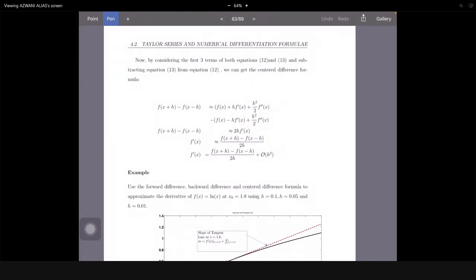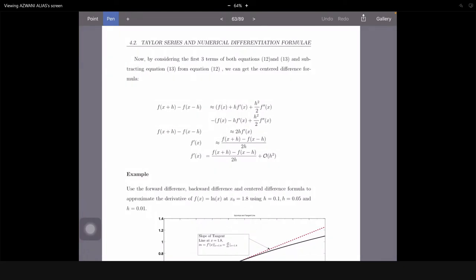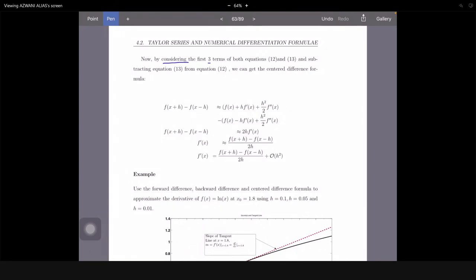There is no problem here. Alright, next, by considering the first 3 terms, we take the 3 terms of equations 12 and 13, and subtracting equation 13 from equation 12, we get the centered difference formula.